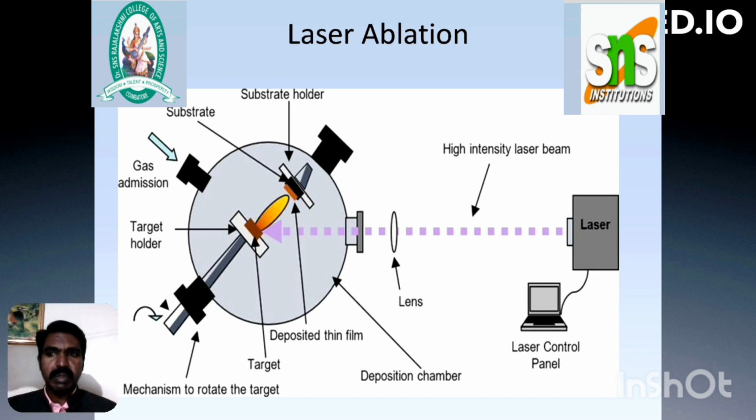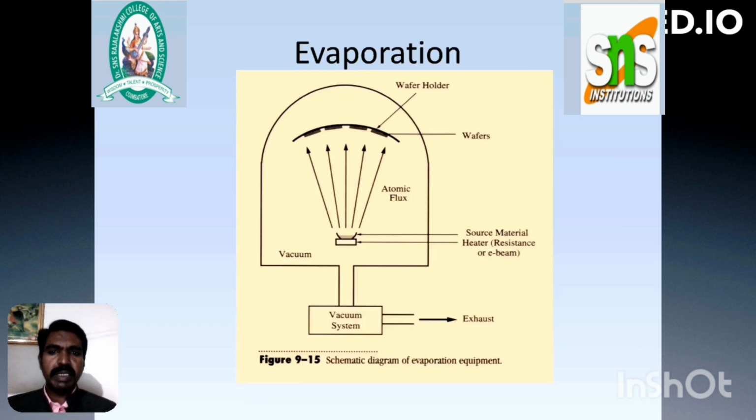In the same way, we should know about the basic evaporations. Evaporation in general we can do in any mode. For example, in ionization we took a liquid, in laser ablation we took a solid.